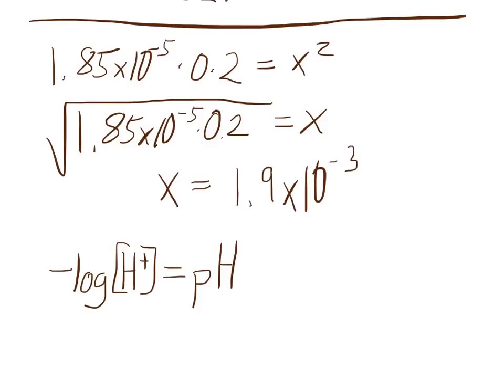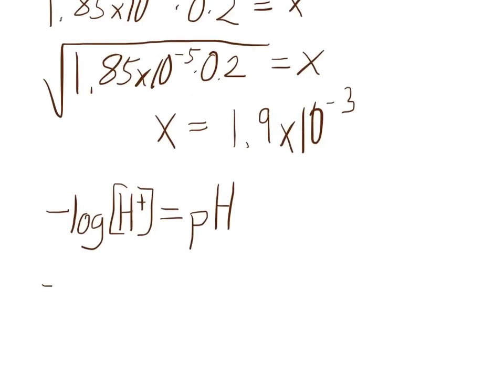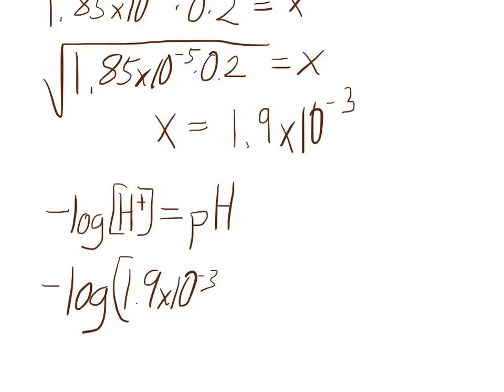So we have the concentration of the hydrogen ion, and we have this equation that I wrote for you, so all we got to do is throw it in there. Alright, here we go. Negative log of the hydrogen concentration, which is 1.9 times 10 to the negative third, equals pH, and it turns out to be 2.72.